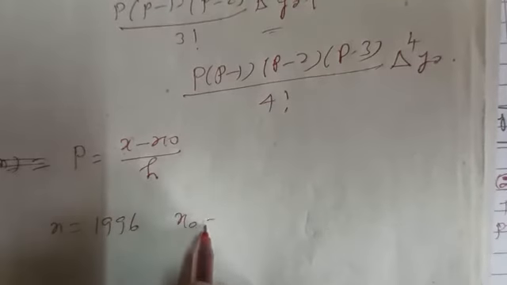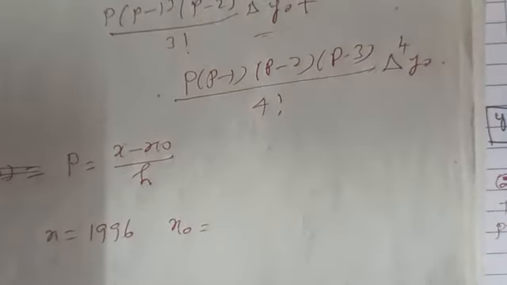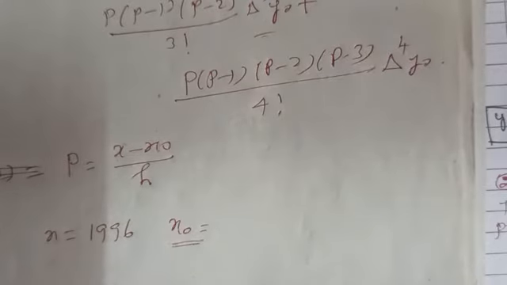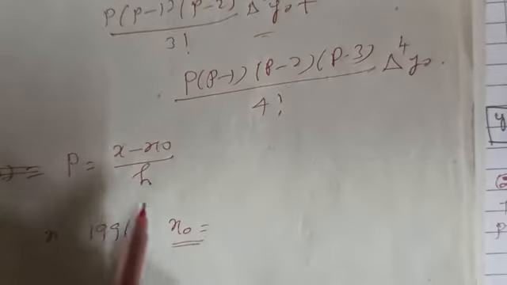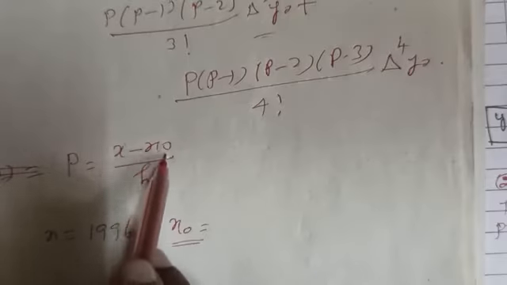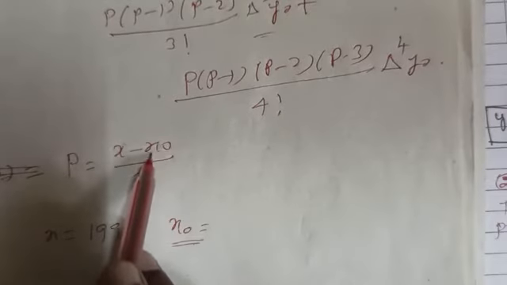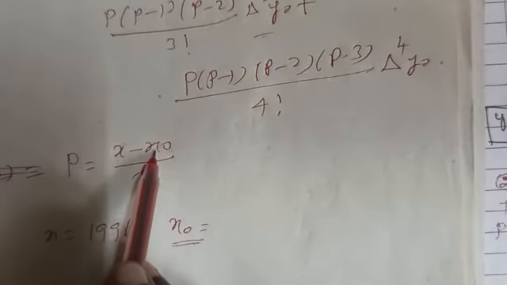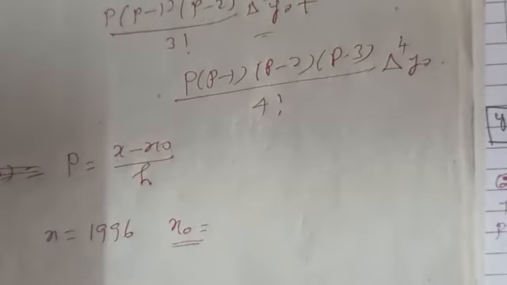X naught means the initial value of the tabular column. Suppose this is for Newton's backward, then we have to mention xn, which means the last value of the tabular column.